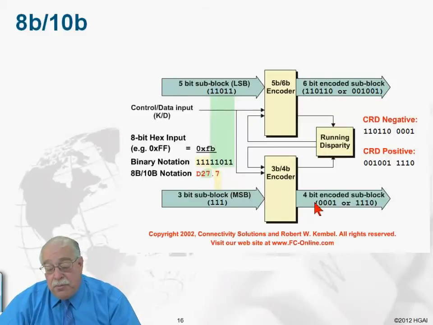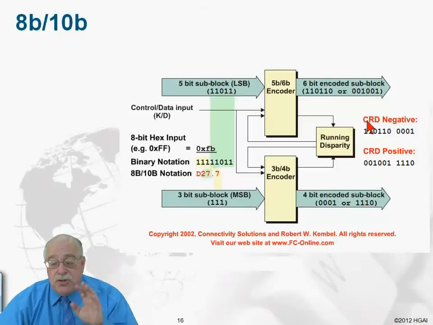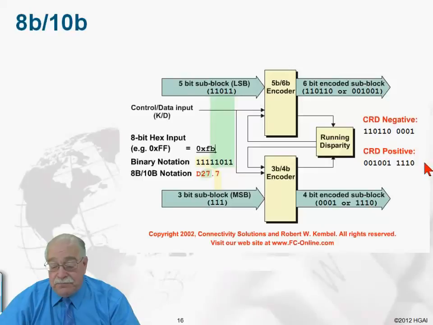Notice that in the 4B, I'll either have all zeros and a 1 or all ones and a 0. Now, in this case, I'm generating 2 different data streams. And I'll use one if the current running disparity is negative, meaning there's too many zeros out there, or I'll use this if the current running disparity is 1 heavy.